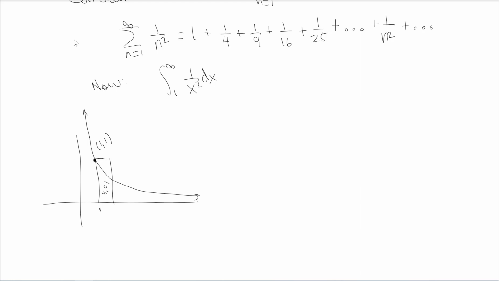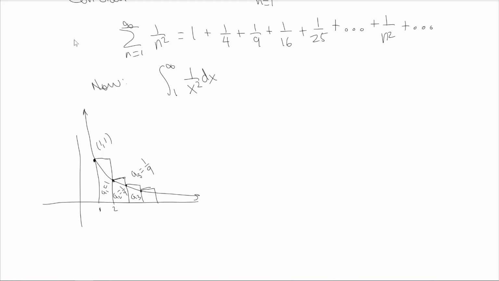And then as I move on to the next rectangle, the height of that is a2 equals 1/4. And the next rectangle is a3 equals 1/9. So notice that we are essentially getting the terms of the series.